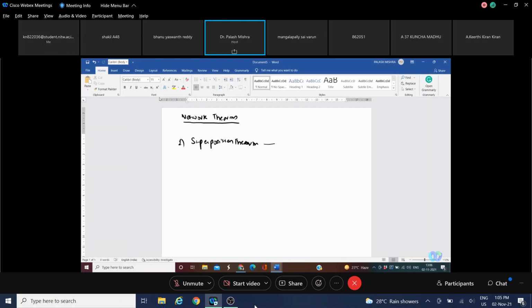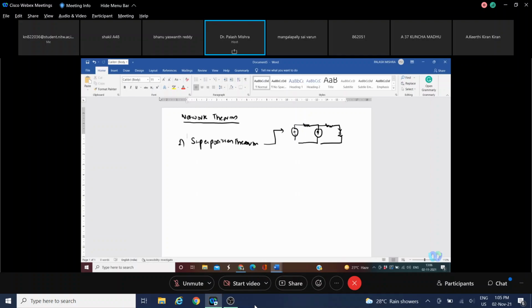Suppose this is a battery, this is a resistor, this is a current source, and this is another resistor, and you have to find the value of current through this resistance R.